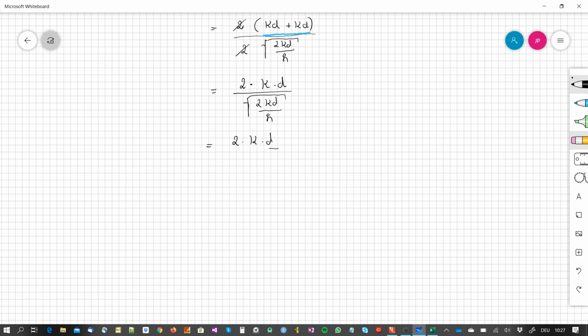Now I do it step by step. Here you see we have a kd in the square root and a kd in the denominator. What we can do to these things, we lose a little bit the square root. Every one of our input parameters can be taken isolatedly in the square root.